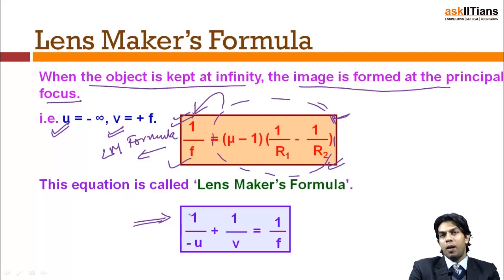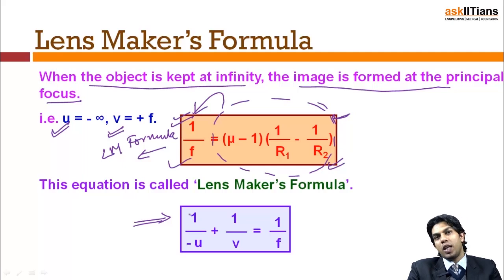So if a particular setup is given, refractive indices of the surfaces are given, that is lens and the surrounding, everything is given, radius of curvature of both the surfaces are given, and you have been asked to find out where the image will be. So first we will compute the focal length concerning the surrounding and the thing which has been given to me, whether it is a lens of water or a glass or a diamond, whatever.